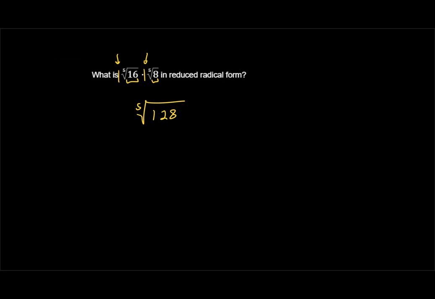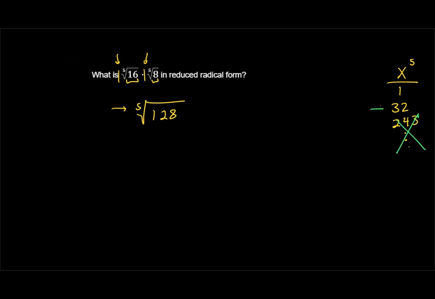Since it's a fifth root, we would look for the largest fifth power that goes into it. Okay, so off to the side, I have a list of perfect fifth powers. I stopped at 243, which is 3 to the fifth, because that's already bigger than the number we have underneath the radical. So anything from 343 on won't be worth checking.